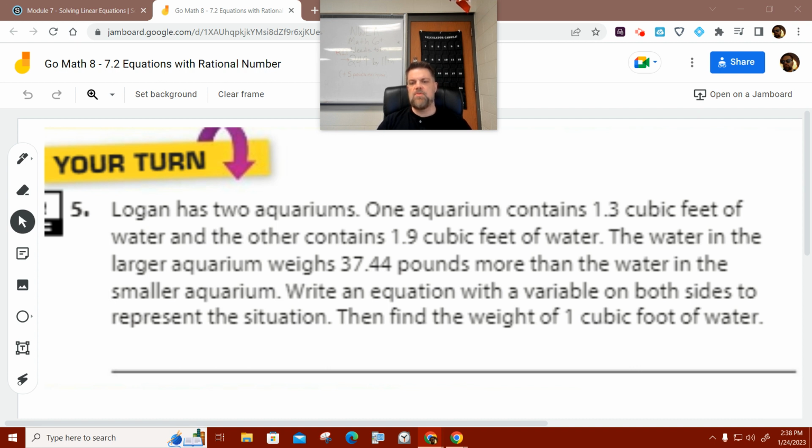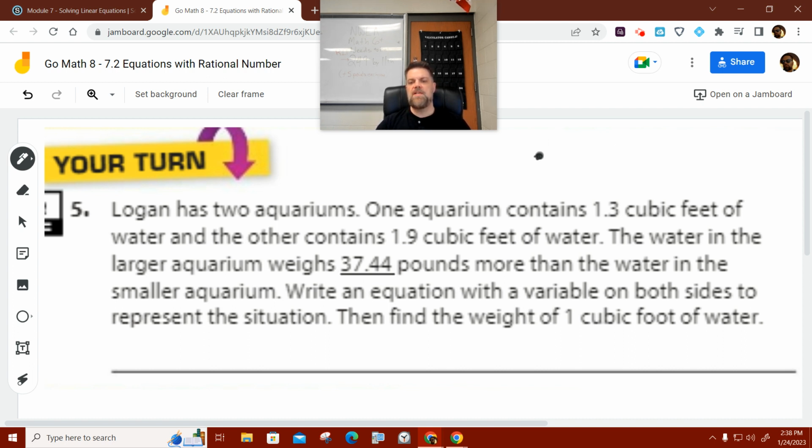Logan has 2 aquariums. One aquarium contains 1.3 cubic feet of water, and the other contains 1.9. The water in the larger aquarium weighs 37.44. Now I'm going to underline that, and I want you to do the same.